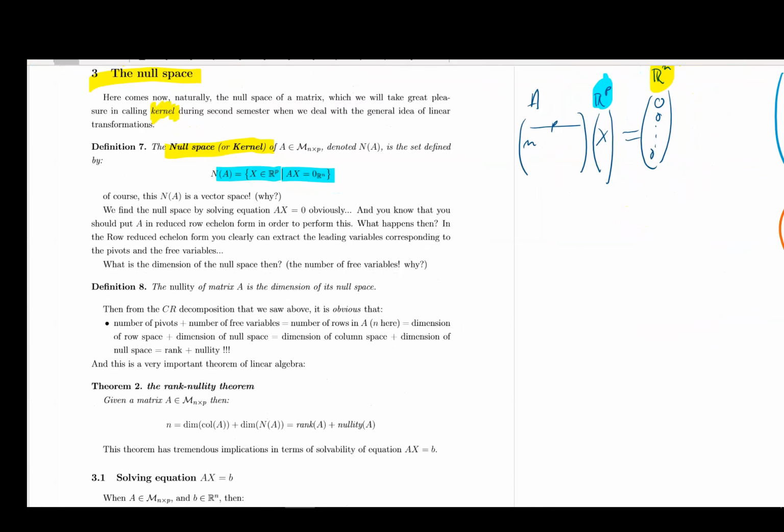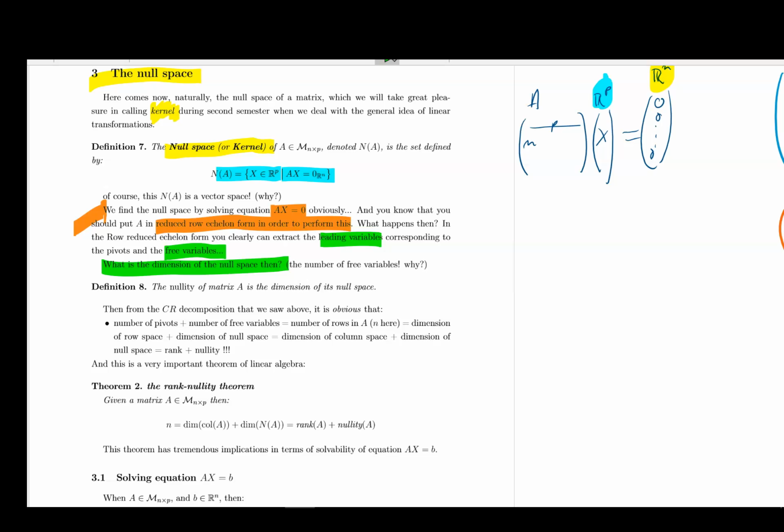Let's go back to what's written here. So we want to find the null space by solving the equation Ax equal to 0, and as you know, you should put A in a reduced row echelon form in order to perform this. Then, once you're in the reduced row echelon form, you've got the leading variables and the free variables. And using the free variables, you can create your set of solutions, and according to the number of free variables, it's going to depend on one or two or more parameters.